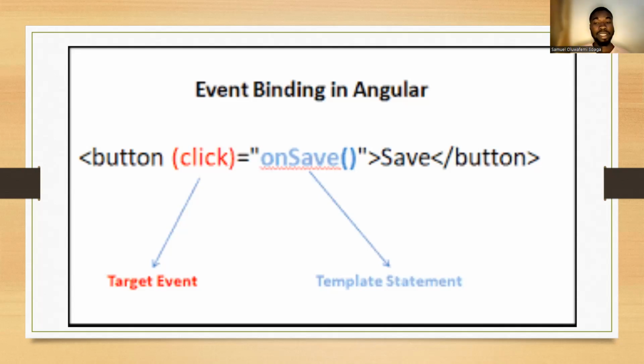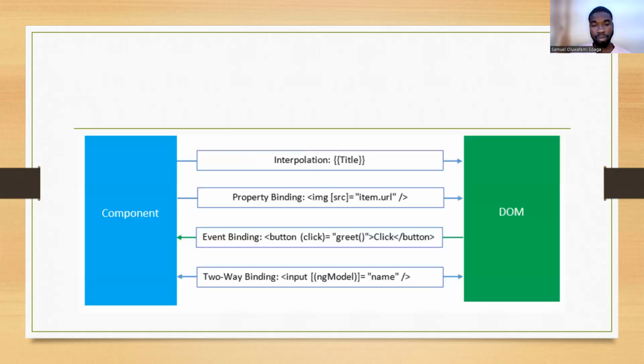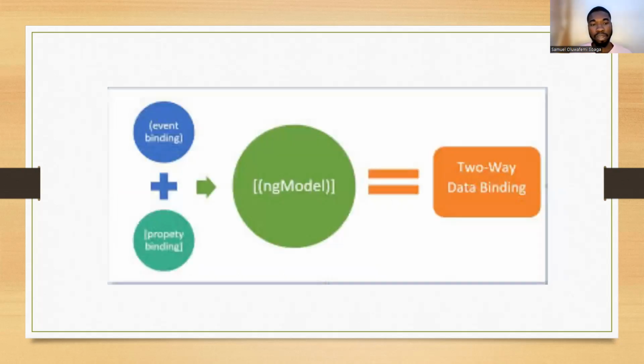Then the template statement, the method that you want to run once that event happens. So these are the various types of data binding we have treated so far: interpolation, property binding with the angle brackets, and event binding with curved brackets, and two-way data binding, which we'll be speaking about next.